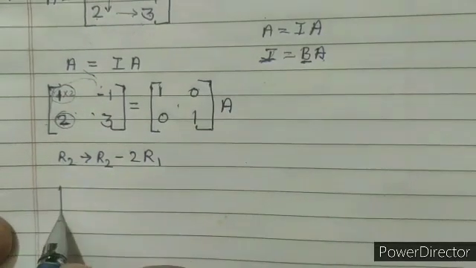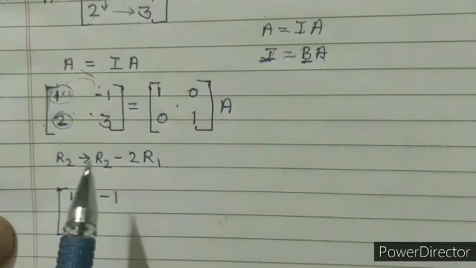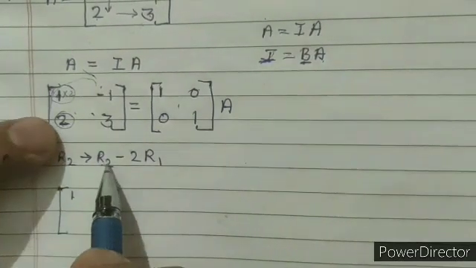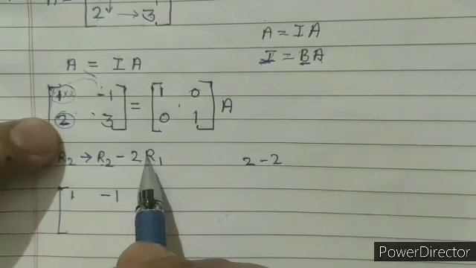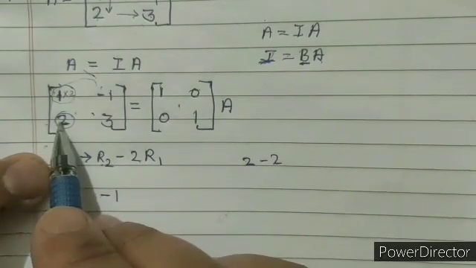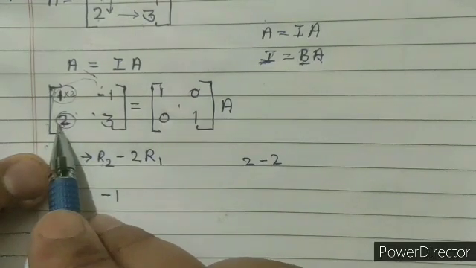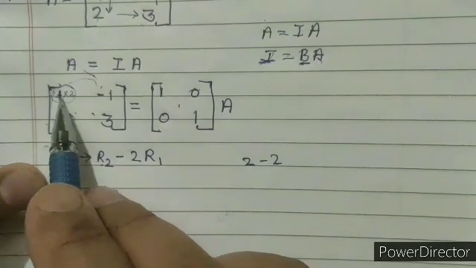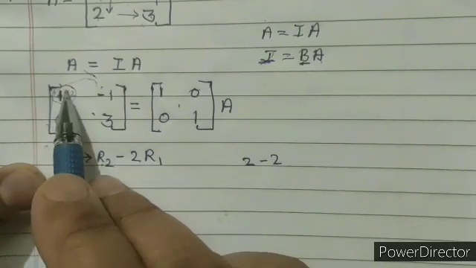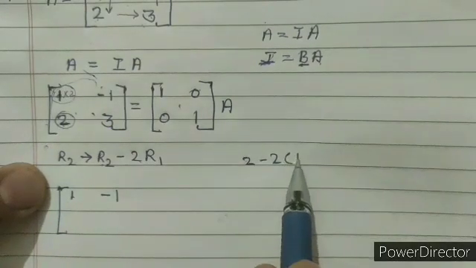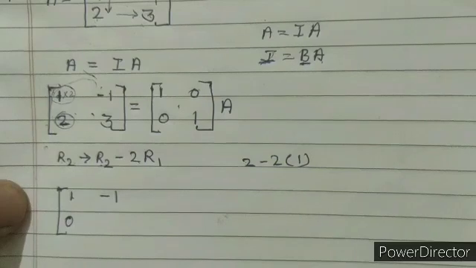The first row will remain the same, and for the second row, R2, the first element is 2 minus 2 into R1. The corresponding element in row 1 is 1, so it will be 2 into 1, and this gives us 0.